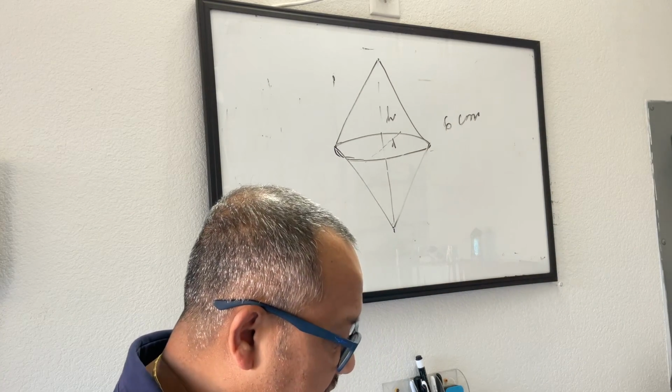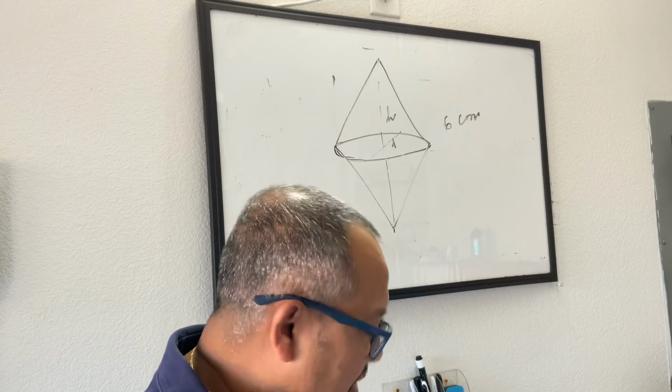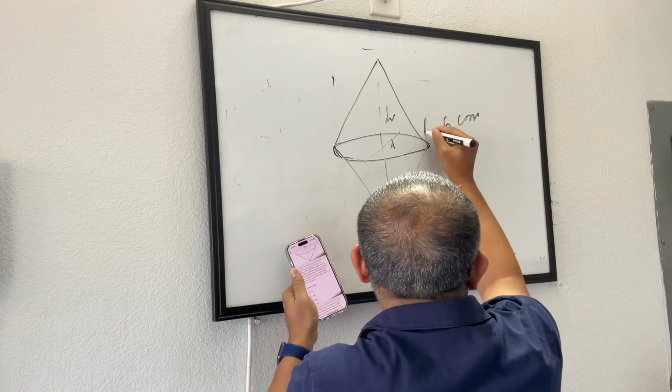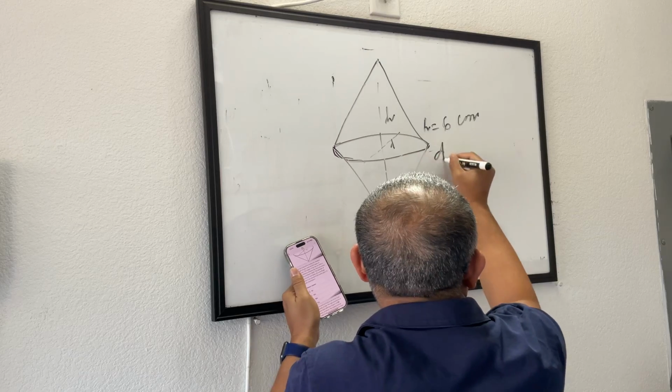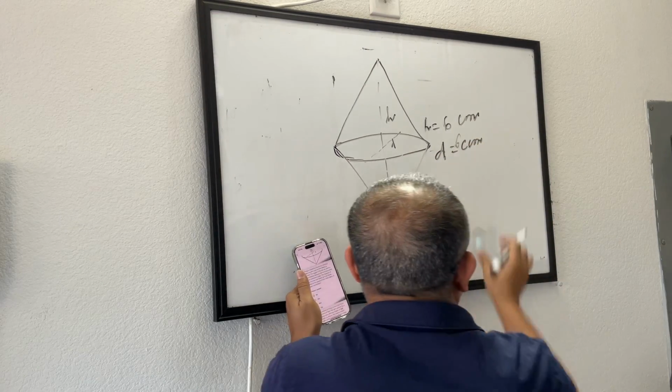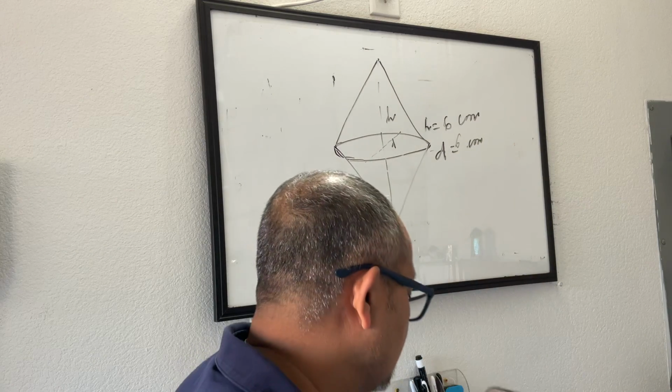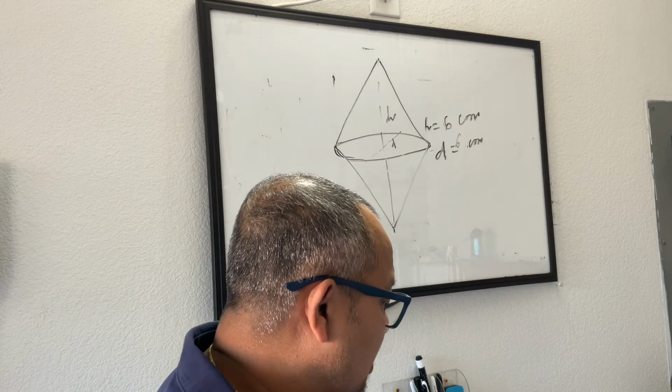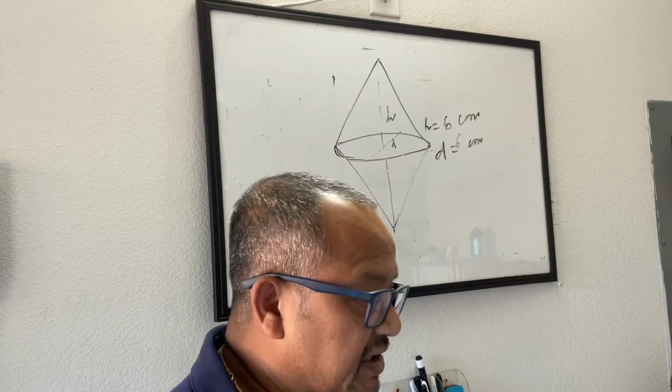The diameter of the circular cone base, D, is also 6 centimeters. So you are given that H is equal to 6 centimeter, D is also given as 6 centimeter. What is the volume of the entire object in cubic centimeters?